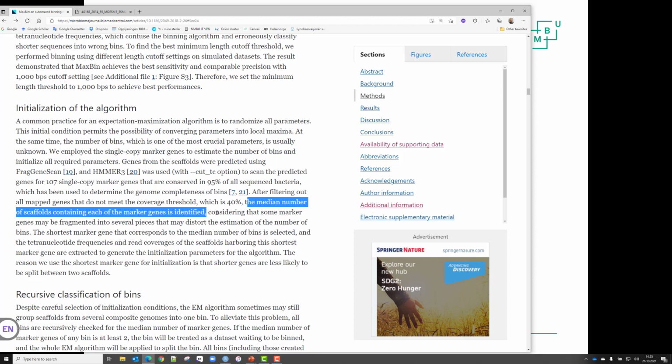Of course, of these 107 marker genes, let's say some of them are found in 10 copies, and some in 11, and some in 9, right? So they will not come out with exactly the same number of copies, all 107 of them. And then they take the median of this, right, as an estimate of the actual copy number.